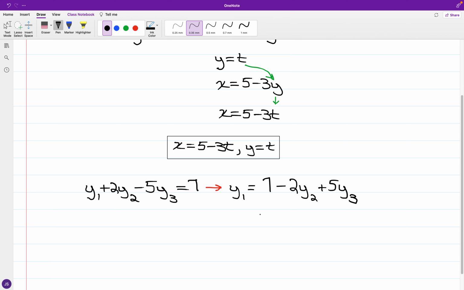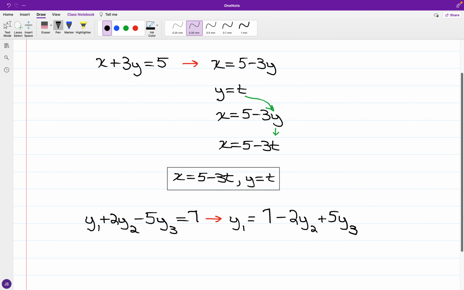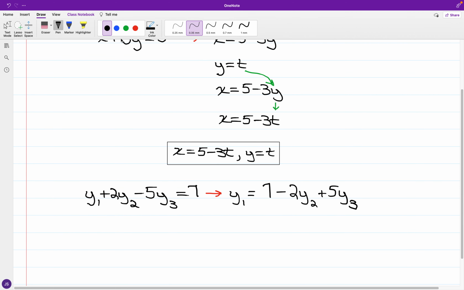For the variable that appears last, either has the highest subscript or comes last in alphabetical order, we're going to assign the variable t. So y3 is equal to t.